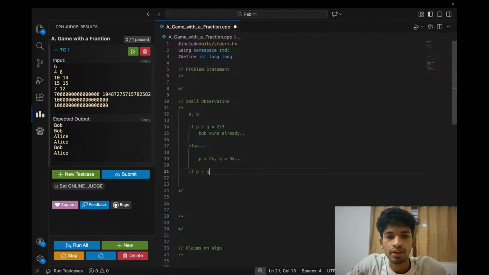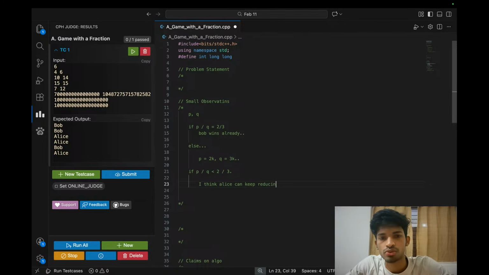If P by Q is less than 2 by 3, I think Alice can keep reducing. So if P by Q is less than 2 by 3, what if Alice keeps reducing P, what happens then?